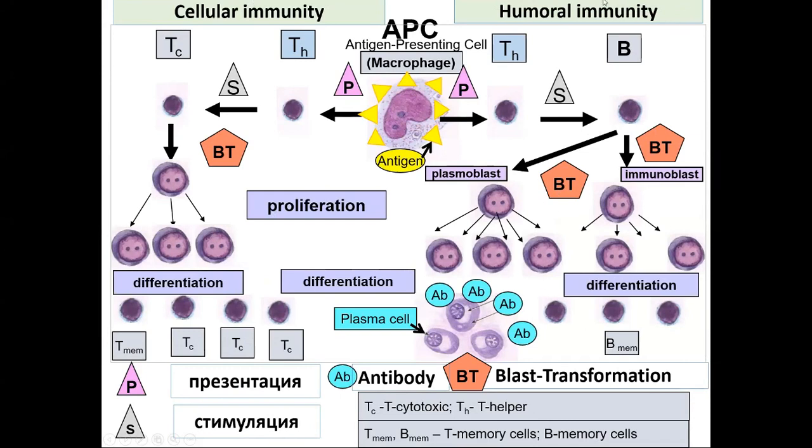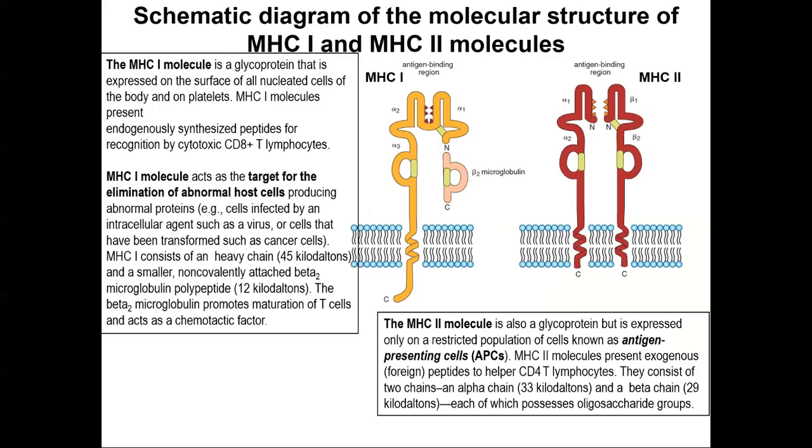This is the picture illustrating cellular immunity formation and humoral immunity formation through the antigen-presenting cell and activation by the T helper cell. The T helper cell activates both humoral immunity and T cell cellular immunity. In addition, it isn't to be remembered by heart, of course, but it's interesting for understanding the function of the immune system.